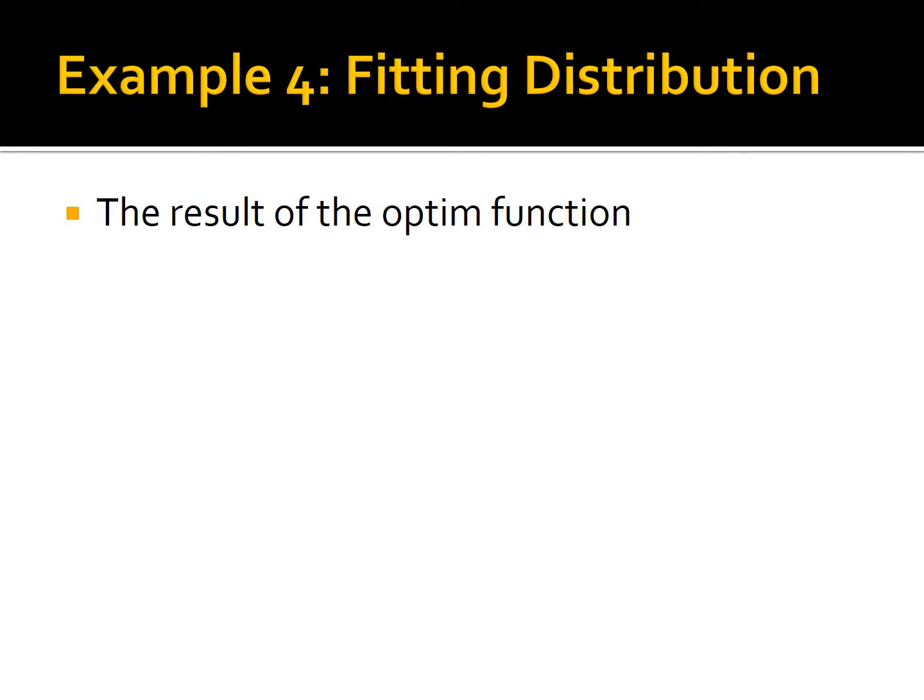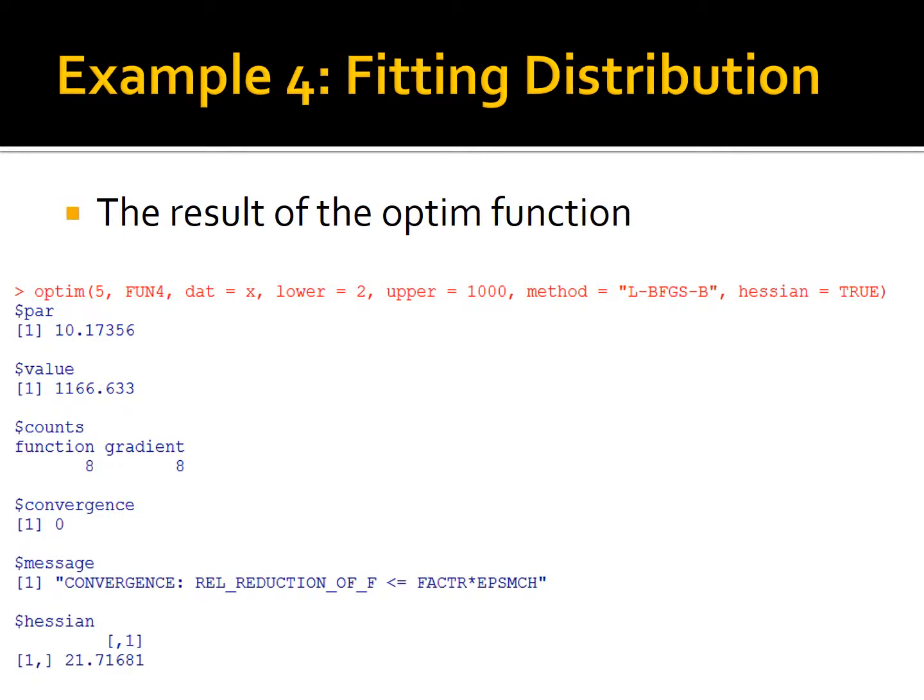The result of the optim function: you can see that we got the degree of freedom of 10.17. This is very different from nlminb, where we got 64, right?